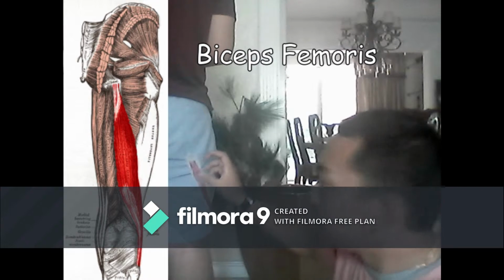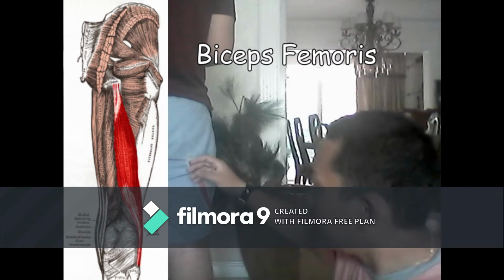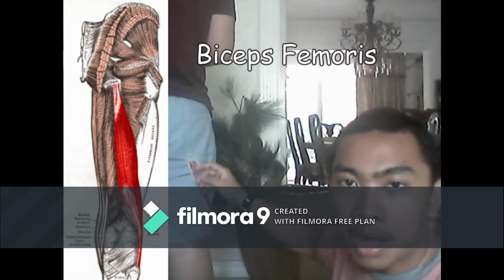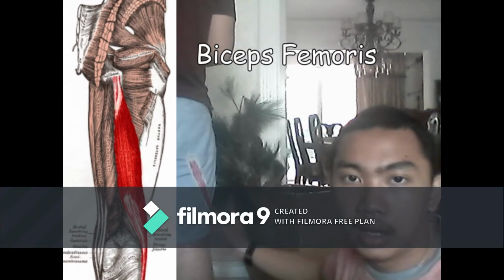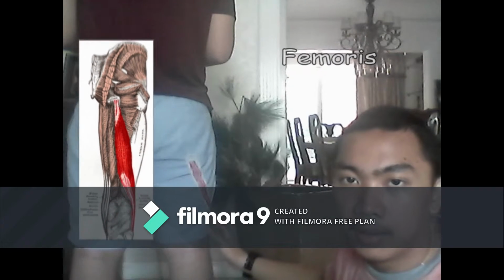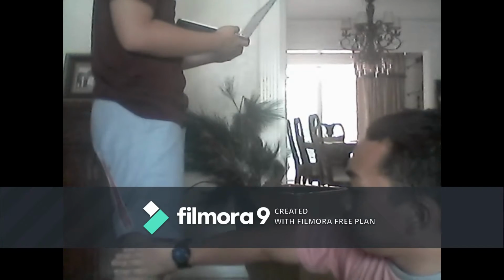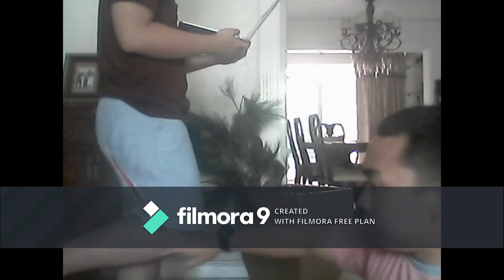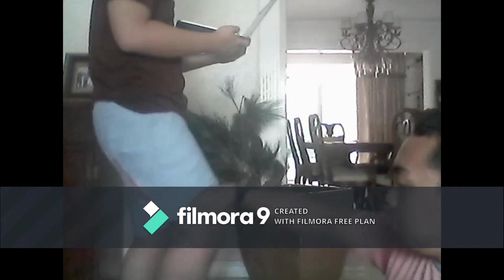It is inserted from the head of the fibula, which articulates the back of the lateral tibial condyle. So the actions of this is that it flexes the knee joint, laterally rotates the knee joint and extends the hip joint.